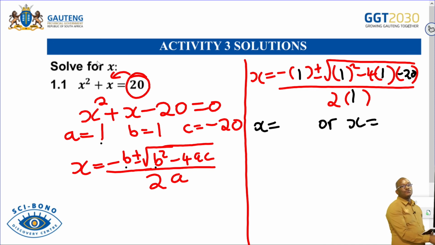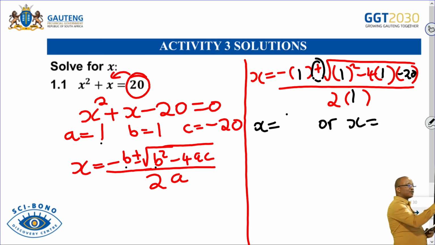The only thing you have to know is when you deal with these two signs here, you can't punch plus minus on a calculator. You'll only have to start with positive. Then you substitute 1 as b, 1 again, 1 at a, and -20 at c, and also 1 at the bottom there.